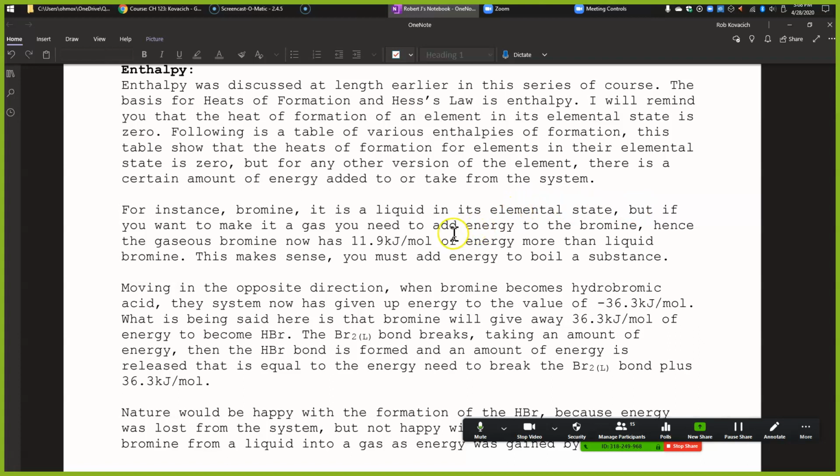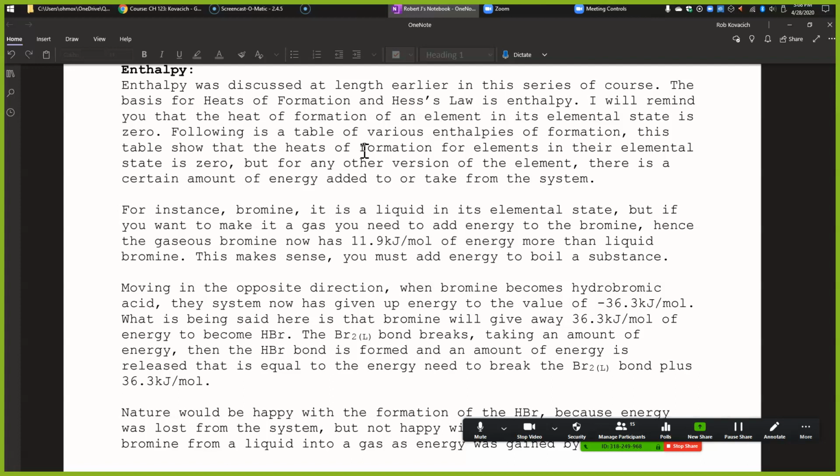So here, a simple example is bromine switching states. If I go from the liquid state to the gaseous state, I'm looking at 11.9 kilojoules per mole of energy needed. That makes sense in the same way that boiling water takes energy. What's happening to go from that liquid state to the gaseous state? What would we have said?